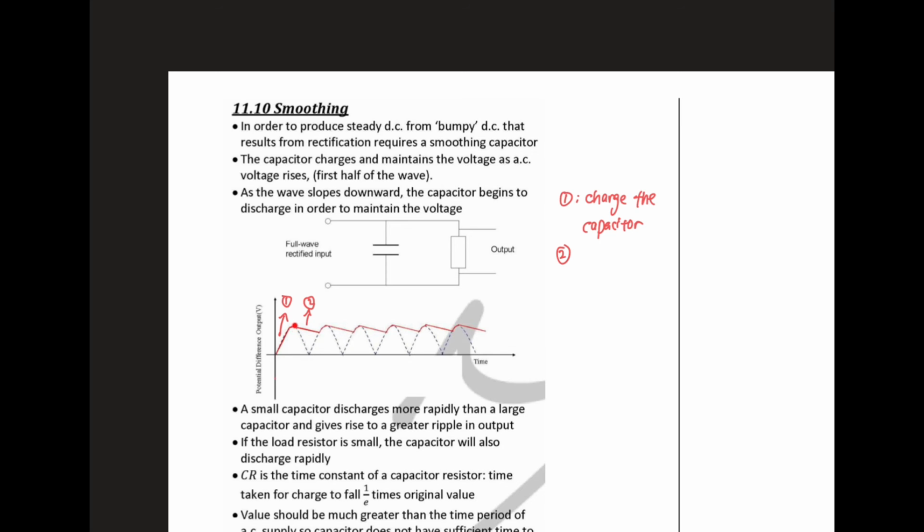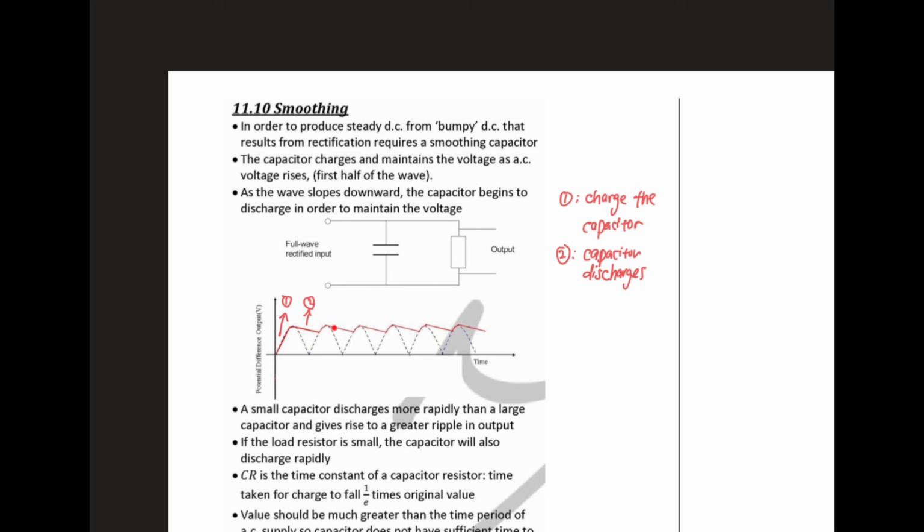The capacitor has been charged. Now it is time to discharge. So number 2 is where the capacitor discharges. And then the process keeps repeating. Now when they come up, then the capacitor is charged.